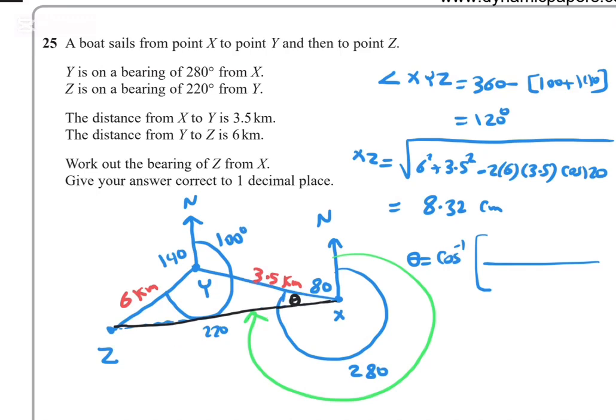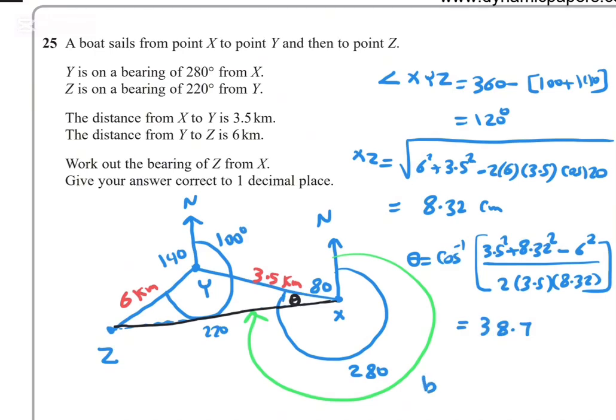So 3.5 squared plus 8.32 squared minus the opposite, which is 6 squared, over 2 times the two adjacent sides, 3.5 and 8.32, equals 38.7 to 1 decimal place.